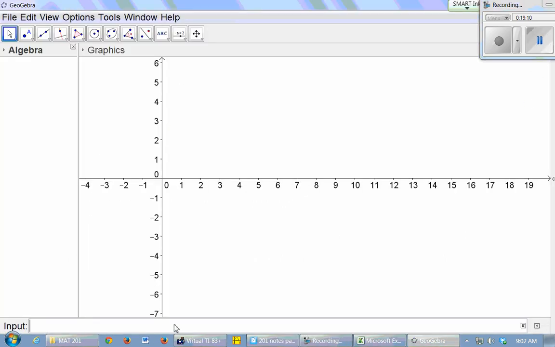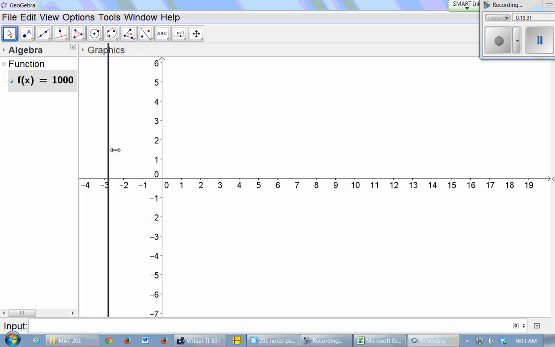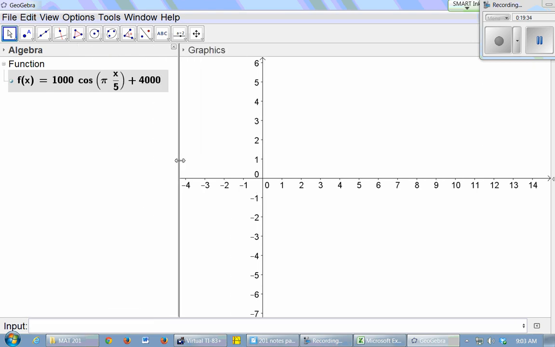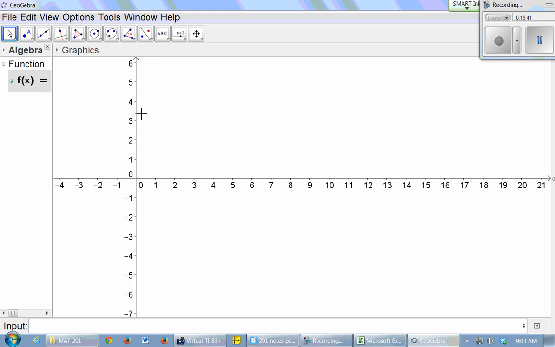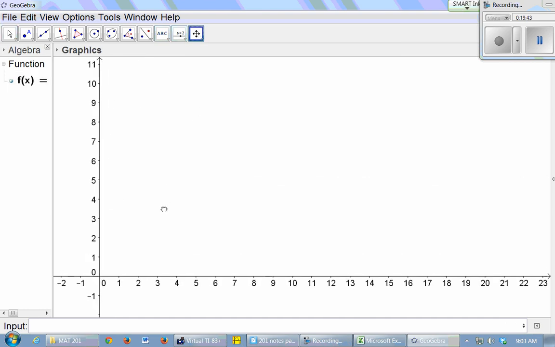Okay, so my function is f of x equals 1,000 times the cosine of pi x over 5 plus 4,000. Make sure that that got entered the way I wanted it to. Yeah, that's the same thing as pi over 5 times x. So yeah, that works. And then I can't see it because I got to change the window here.